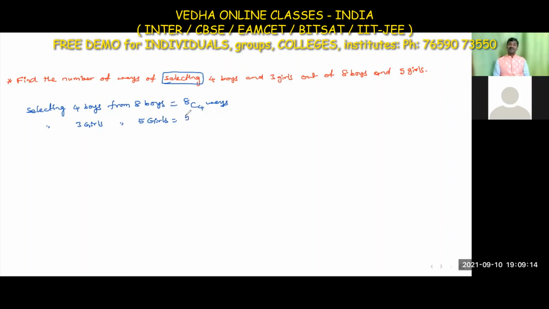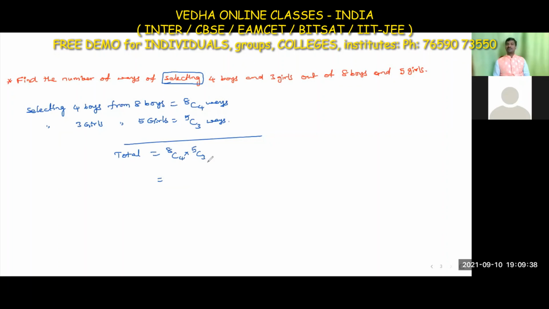How many ways are possible? 5C3 ways. So what is the total? The total number of ways is 8C4 into 5C3.